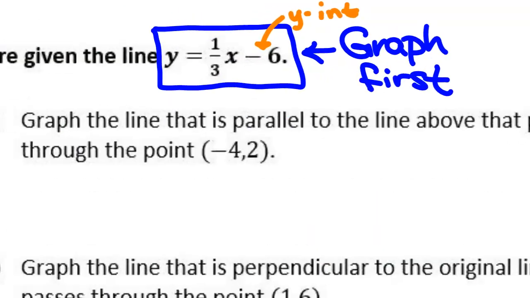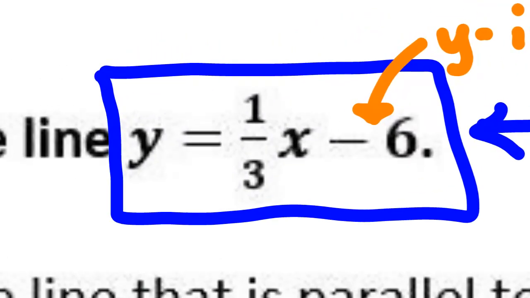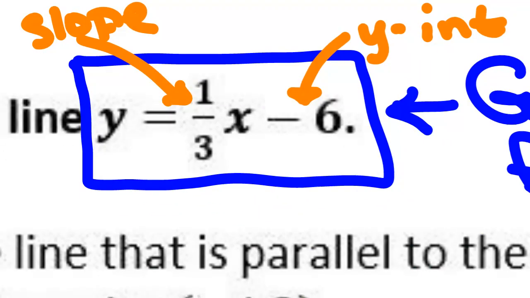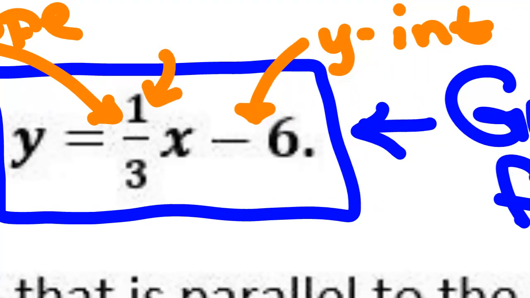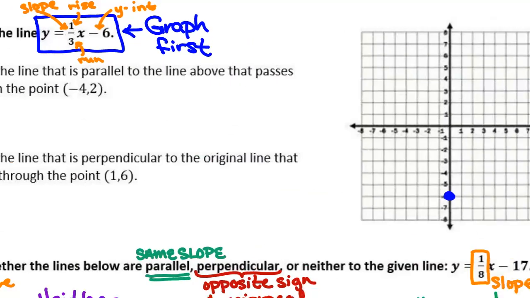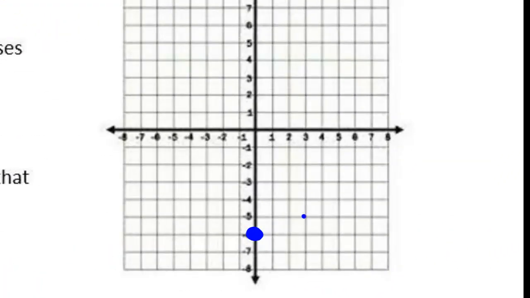And then we use the slope of 1/3. Here's my slope. So the 1 is my rise, and the 3 is my run. And when we run, we always run to the right. So I'm going to go up 1 and right 3, up 1 and right 3.